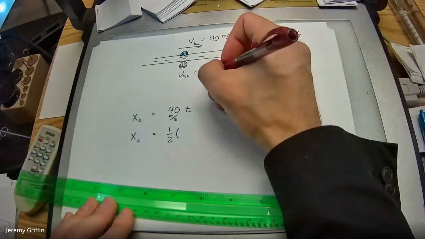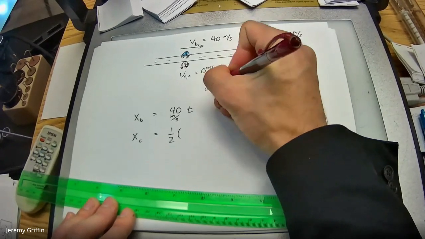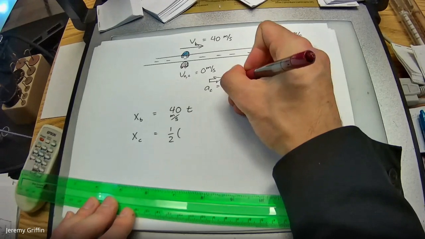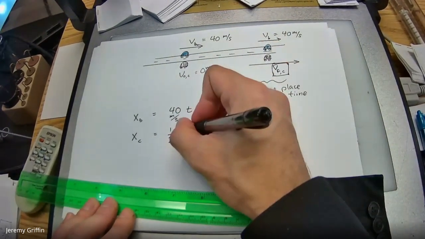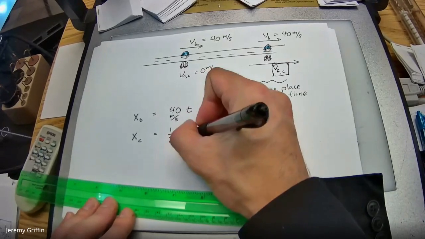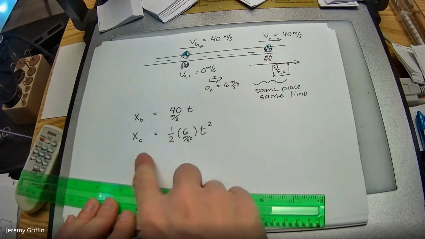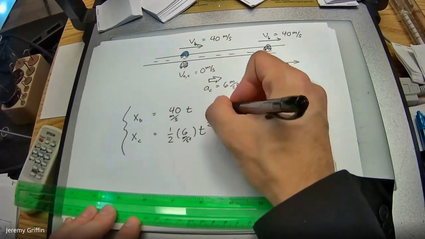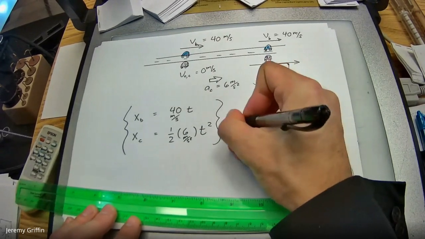So let's say this cop car is speeding up at 6 meters per second squared. So we got 6 meters per second squared times time squared, right? Because isn't that 1/2 a t squared? And this right here is your system of equations.